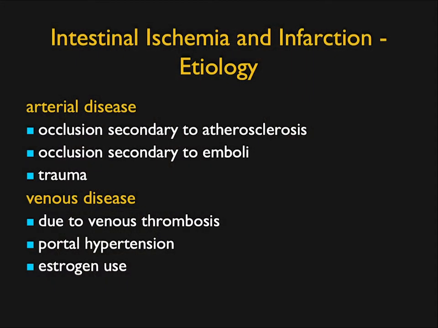So when you think about ischemia, you're talking about arterial or venous disease, and let's focus on the arterial disease. Occlusion due to atherosclerosis, occlusion due to emboli and showering of emboli from the aorta, let's say, or trauma are all possibilities. We also talk about venous disease, venous thrombosis, portal hypertension, estrogen use, but let's focus on the arterial side.